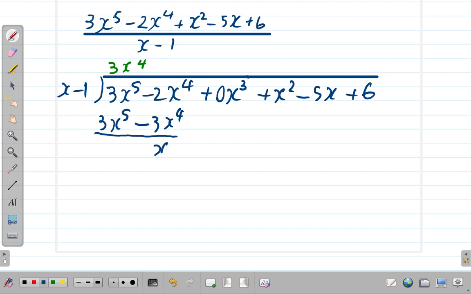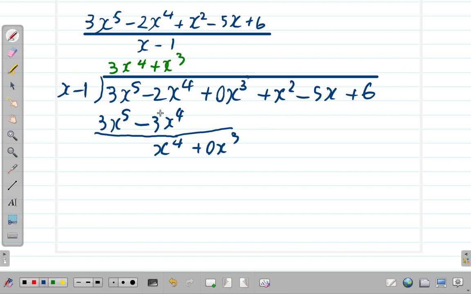So this will be an x to the power of 4. Alright? Bring down the 0x cubed. So they have that. x into x to the 4th goes x to the 3. It's a positive x to the 3.